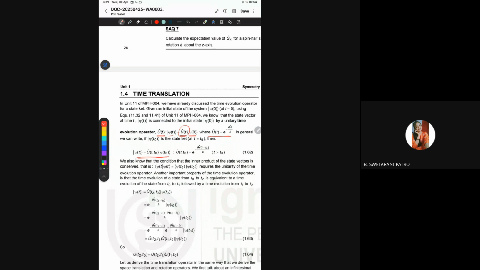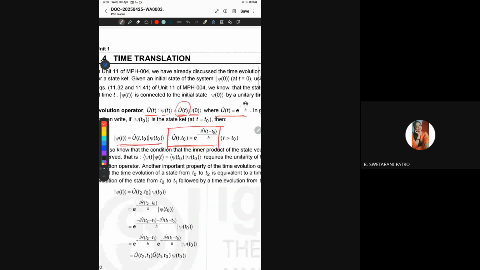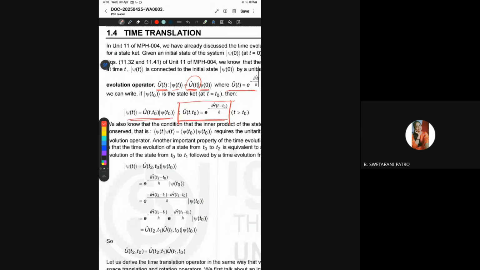If t0 is not 0 but another value, then we write U(t, t0) operating on psi t0. If we do that, the time evolution operator will be like this: e to the power minus i H (t minus t0) by h cross.